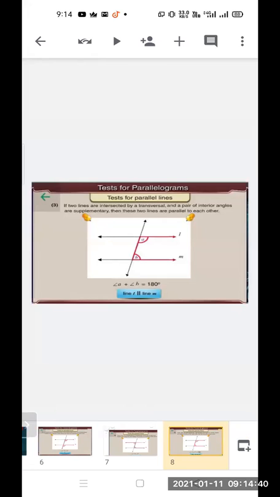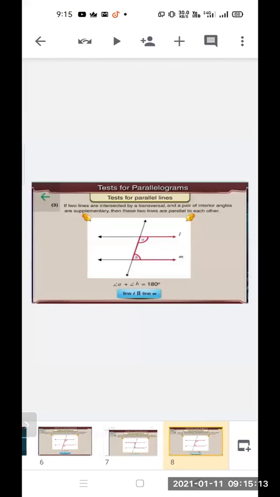So children, in the corresponding angles test and the alternate angles test, the angles formed are congruent. In the interior angle test, the interior angles should be supplementary; then only we can say that the given lines are parallel. So whenever the question comes whether the given lines are parallel or not, you can apply these three tests and find out whether the given lines are parallel or not.